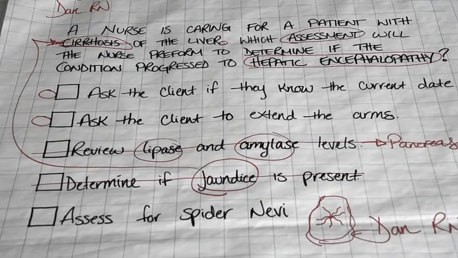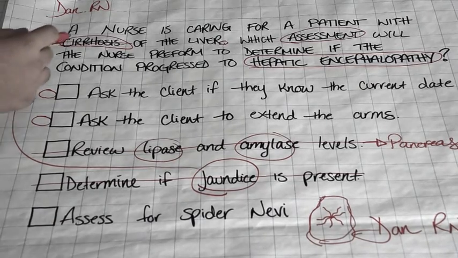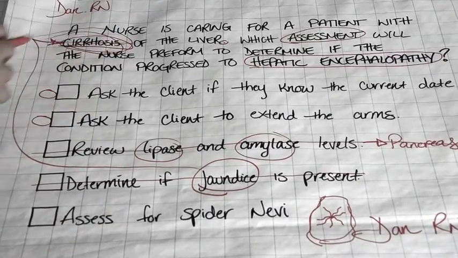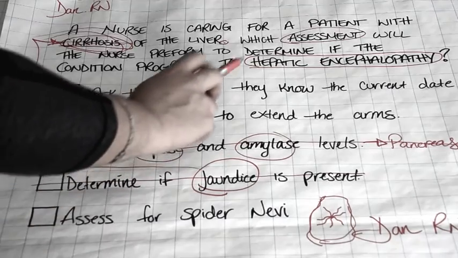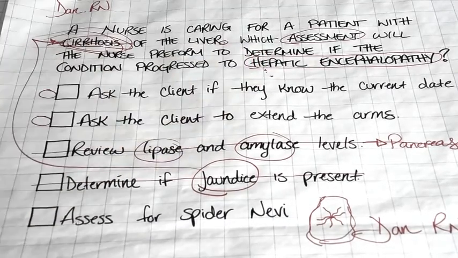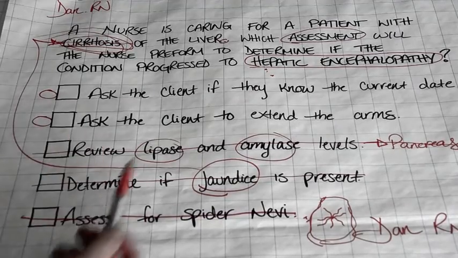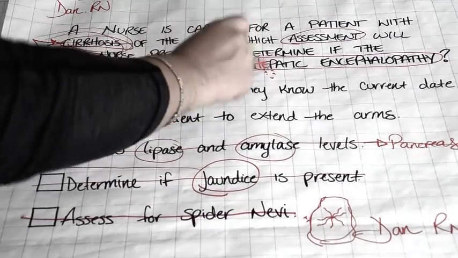We read about the liver, and we know that something like that happens with the liver. You're right, it does happen with the liver. However, it happens with, you guessed it, cirrhosis of the liver. So it's a characteristic of cirrhosis and has nothing to do with hepatic encephalopathy. We're going to eliminate this answer choice.